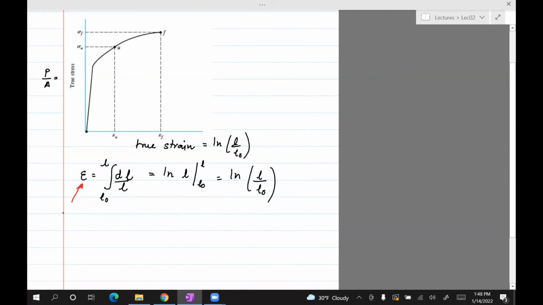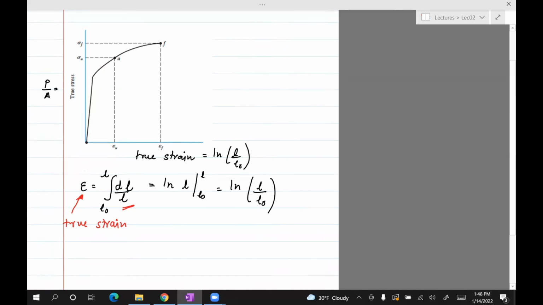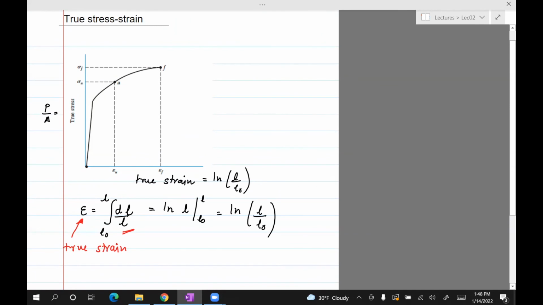It's called true strain because it uses the correct definition for strain. It uses dL divided by L and integrates that, and doesn't do the approximation we talked about, L minus L0. By the way, you don't need new data to make this plot. You can use the data from the previous plot, except that you replace the strain with this quantity. You know L and you know L0, so you can do this plot.